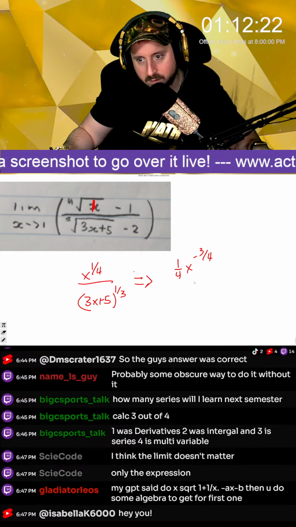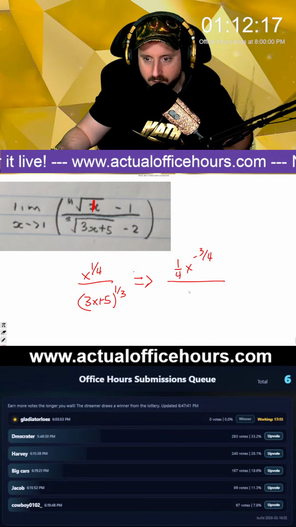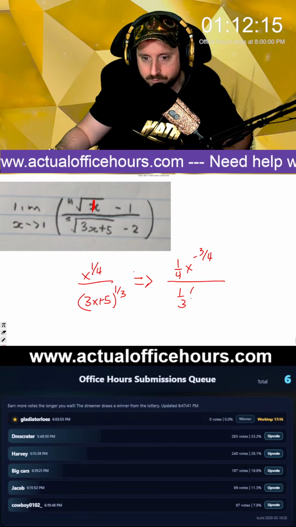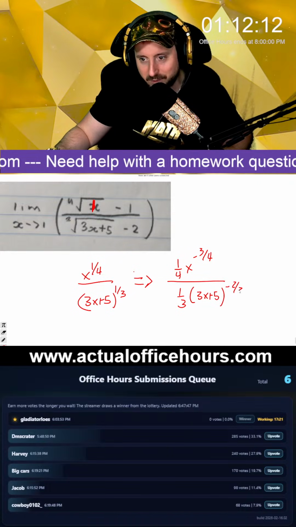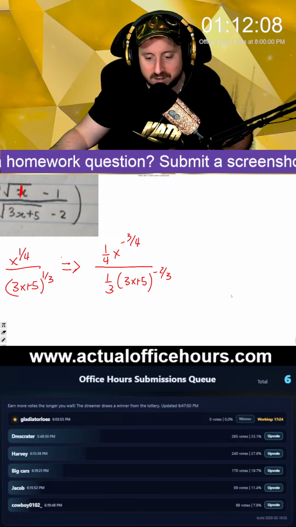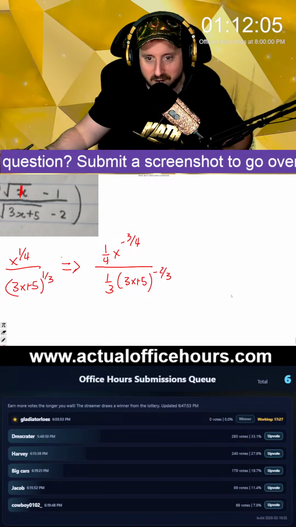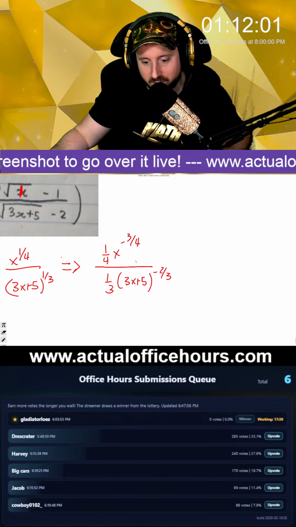And then this would be 1/3 times 3x plus 5 to the negative 2/3. As x approaches 1, I feel like this is okay now, right? Because nothing's going to hurt us, right?